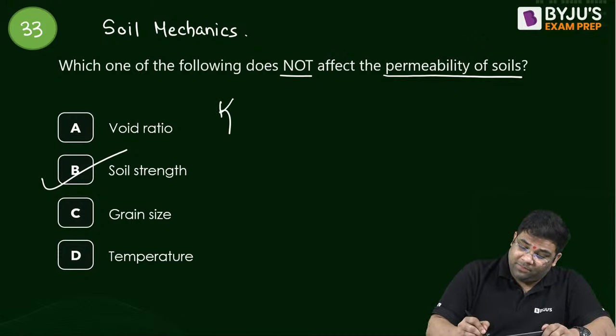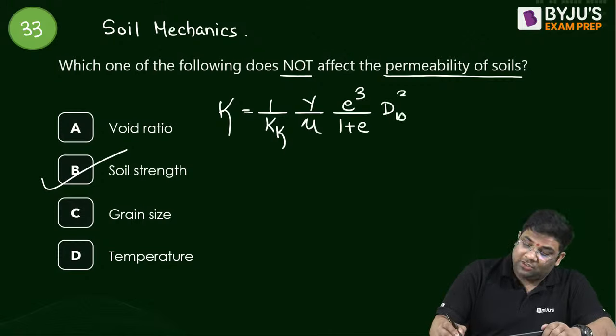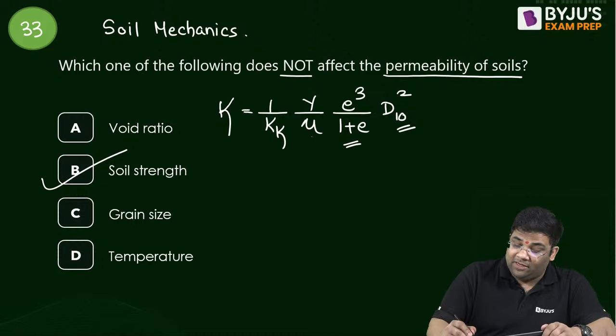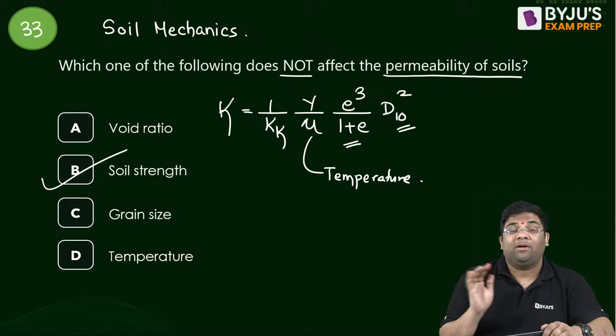We know the equation for permeability. It is 1 by the Kozeny-Carman constant, then gamma by mu, then e cube by 1 plus e, and then D10 square. So it depends on the grain size. It depends on the void ratio. It depends on what? Temperature. Because temperature affects the viscosity. So it is dependent on temperature also. It is only not dependent on soil strength.